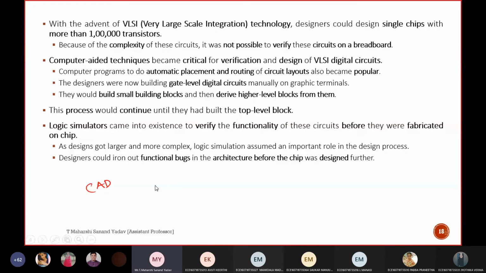CAD, computer aided design. Manjunath, what is CAD? So these are the tools by which we can verify the given circuit, sir.